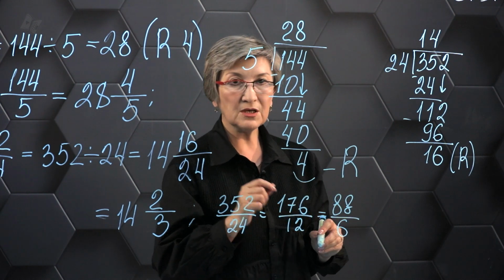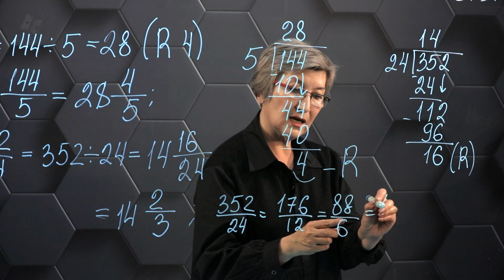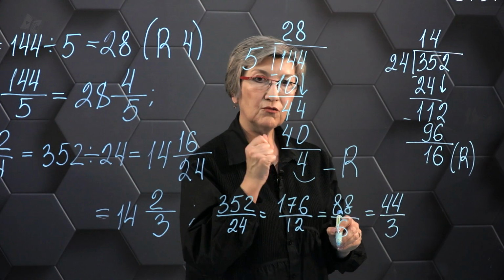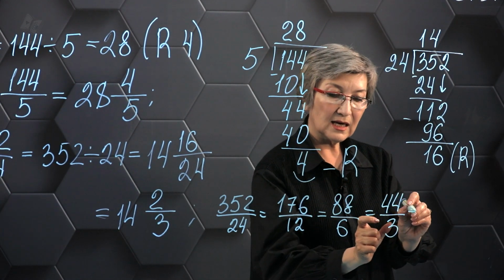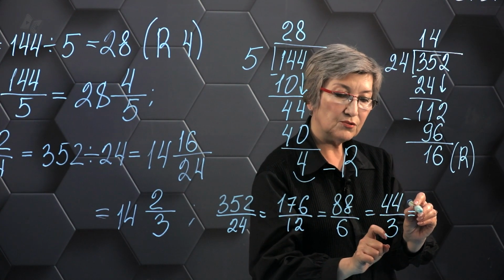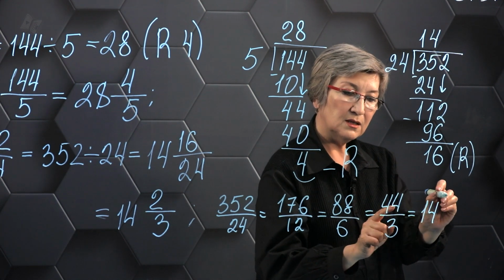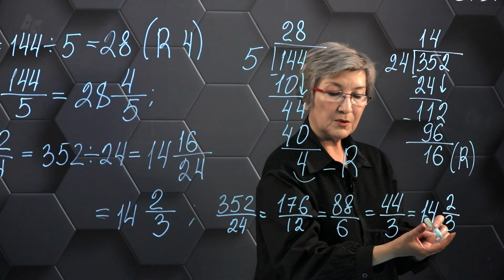If I take 88 and 6 and divide them both by 2 once more, the result is 44 thirds as a fraction. When I divide 44 by 3, I get 14 and 2 thirds. Notice we got the same answer.